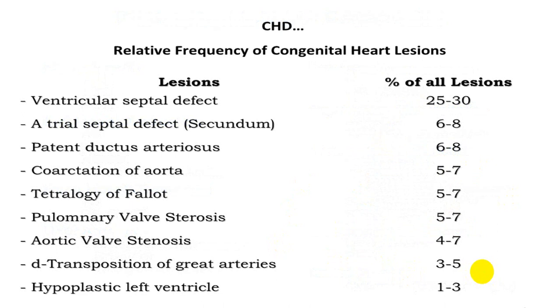If you look at all the groups of congenital heart disease, ventricular septal defect accounts for almost 25 to 30% of the cases, and in some it may be a little more. The second most common are ASD and PDA, and then come tetralogy of Fallot, coarctation of aorta, pulmonary valvular stenosis, etc. Very rare groups are hypoplastic LV, transposition of great vessels, and truncus arteriosus, which are not so common.